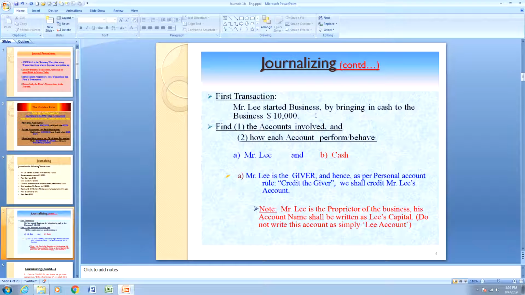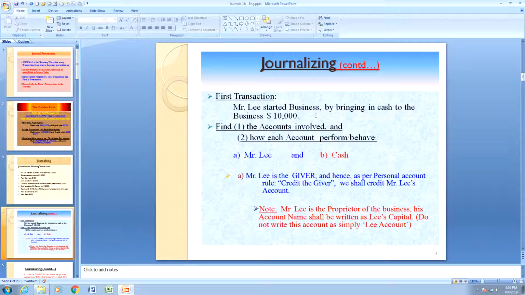Now let us journalize. That is, we shall write the journal in the primary books. Take the first transaction. Mr. Lee started business by bringing in cash to the business, $10,000. The accounts involved are Mr. Lee and cash. Mr. Lee is the giver and hence, as per personal account rule, credit the giver, we shall credit Mr. Lee's account.